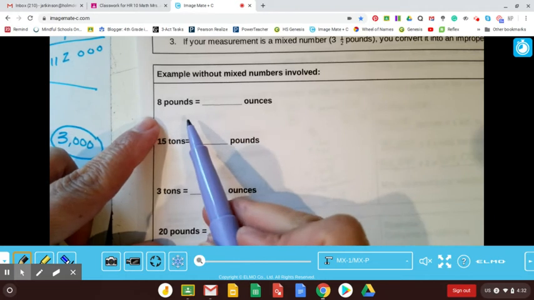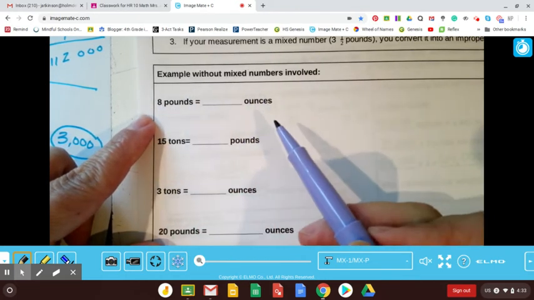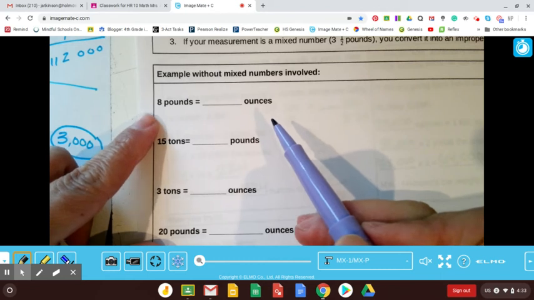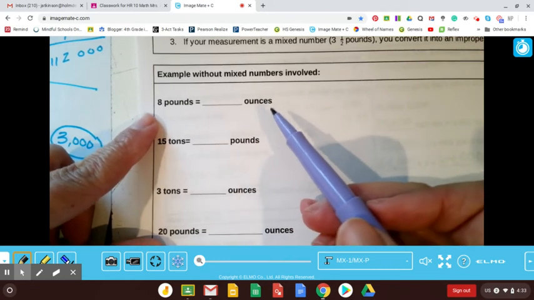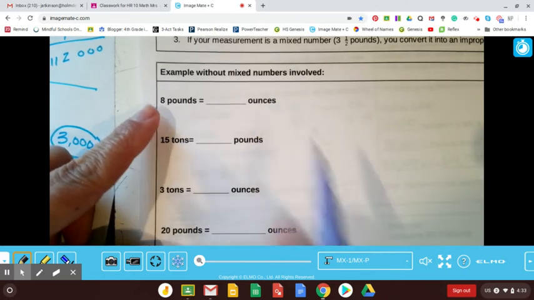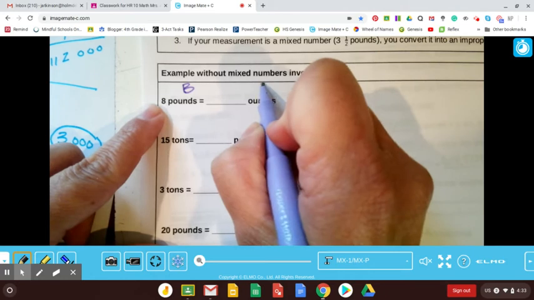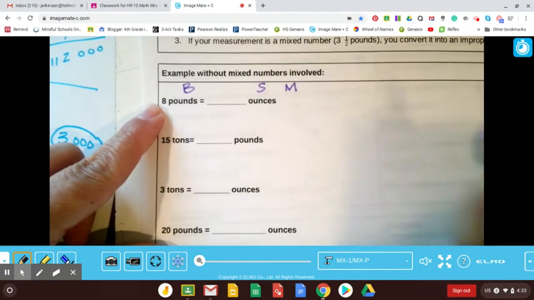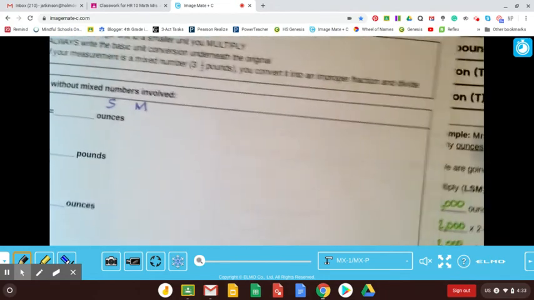All right, so let's start here. 8 pounds is how many ounces? So the first thing that we might think to ourselves is, well, how many ounces are in a pound, right? And we know that we're going from a bigger unit to a smaller unit, so we're going to definitely multiply. And I'm actually going to rip this off because I want my chart to be right here next to me.